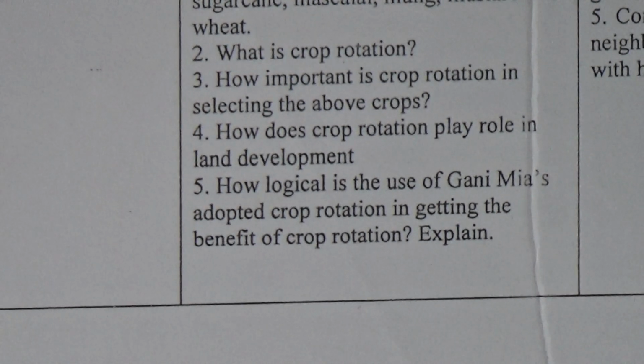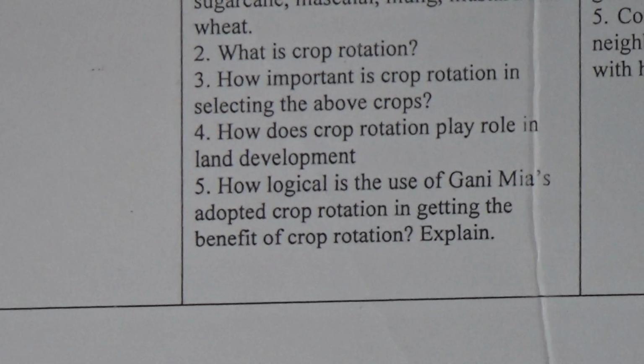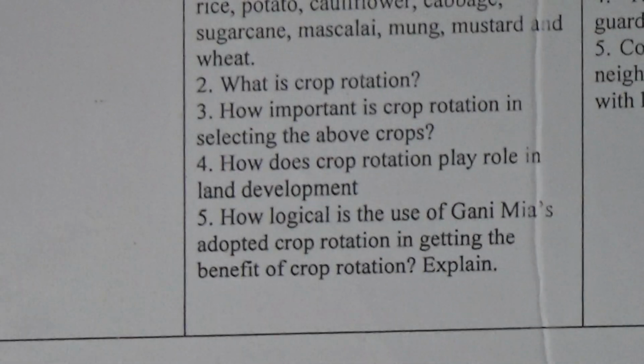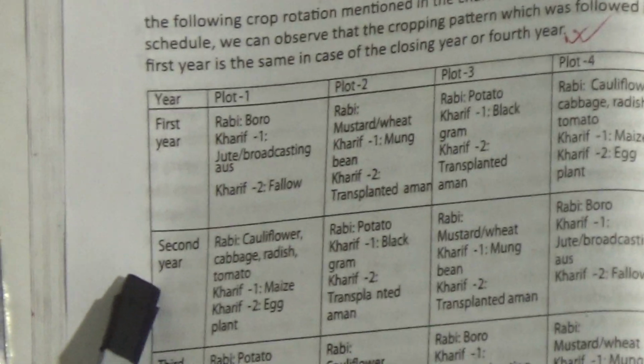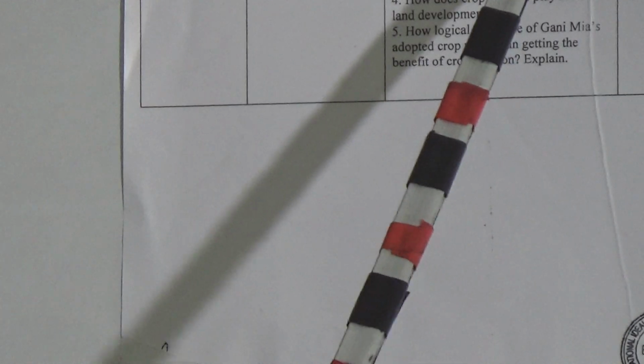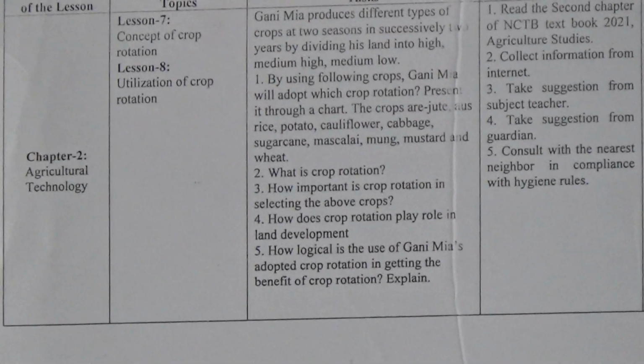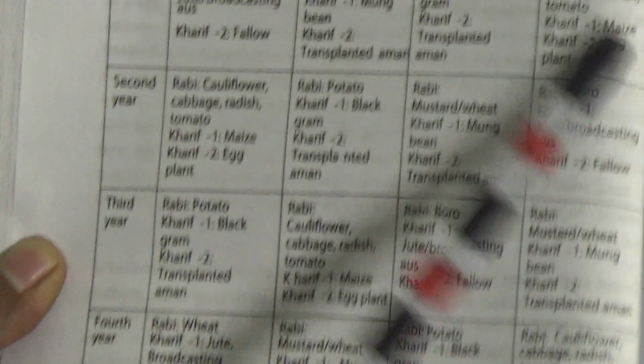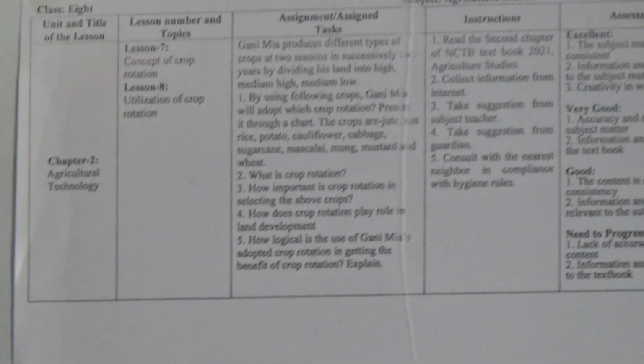And dear students, for giving the chart, you will go to the following page, that means page number 32, first year, second year. Although only 2 years are mentioned here, you will give the first year's and second year's crops. Okay, what is written here? Only these crops would be written in the chart.